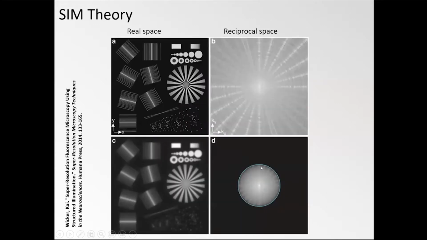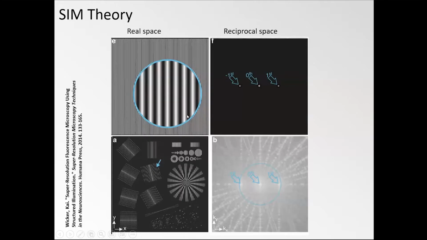Before, the Fourier transform had these radial spokes that came out of the origin. Now that in real space it has been multiplied by this sine pattern, you can see there are some spokes that have been displaced, and if you want, also this central dot has been displaced.